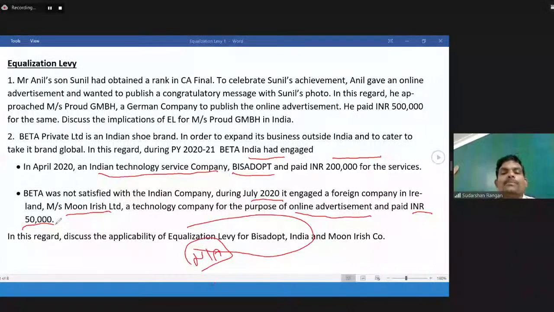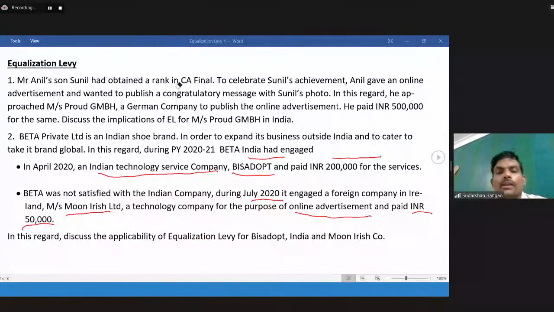So what happened was Beta engaged an Irish company, Moon Irish Limited, a technology company for the purpose of online advertisement. So now we need to see whether equalization levy is applicable. First condition, a resident should pay. Resident should be the payer.